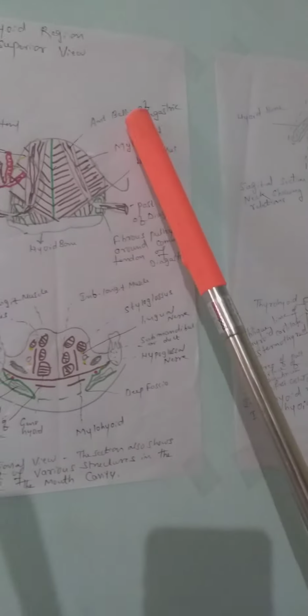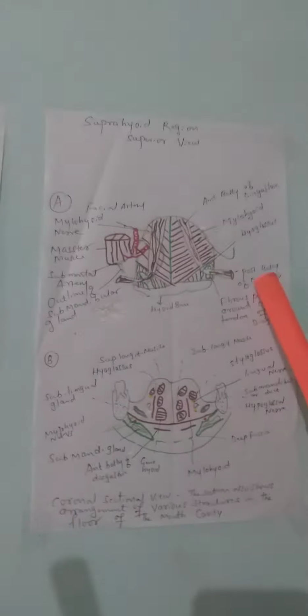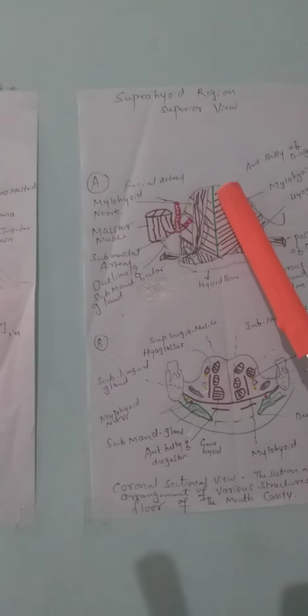Now we will see the anterior belly of digastric and the posterior belly of digastric. The anterior belly starts from the digastric fossa of the mandible and runs backwards. The posterior belly starts from the groove near the mastoid and temporal bone.